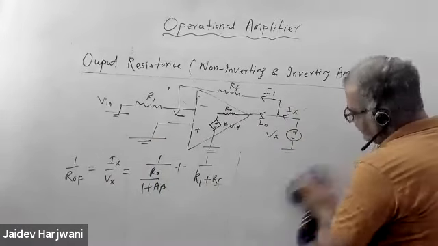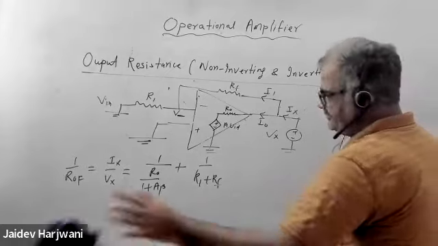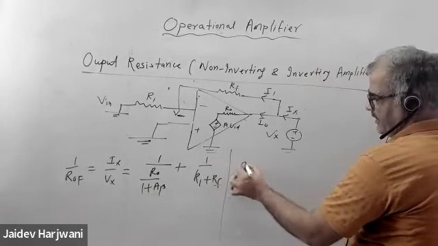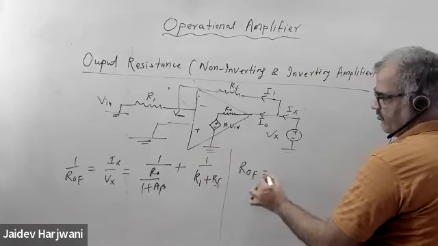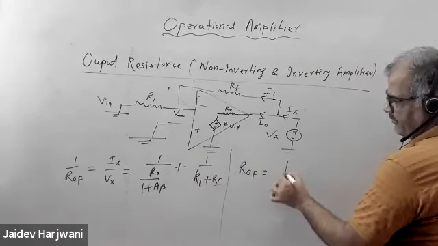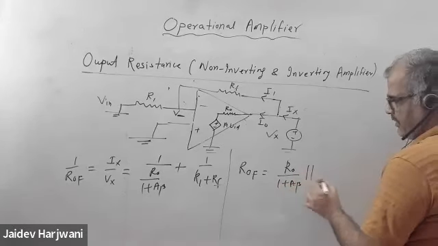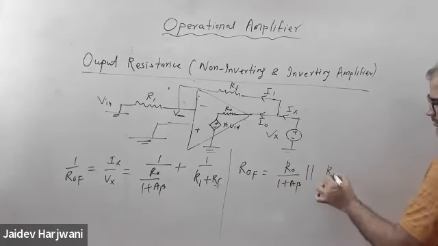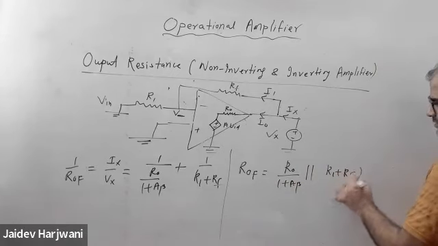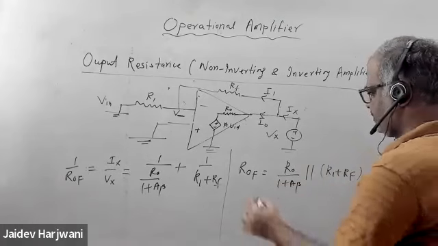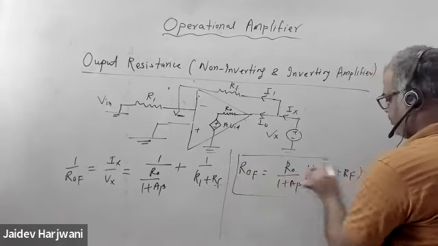For the ideal case, output resistance should be 0. From here, I can write R of is the parallel combination of R naught upon 1 plus A beta with R1 plus Rf. This is my formula for ROF.